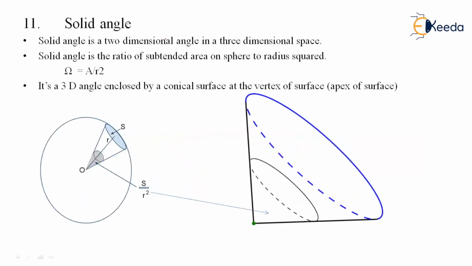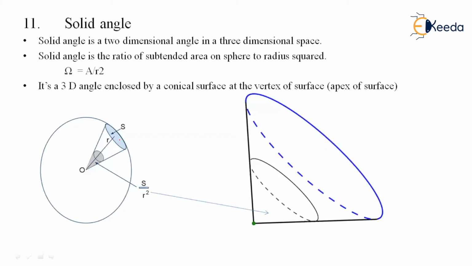Talking about the solid angle, it is a two-dimensional angle in a three-dimensional space. In the earlier slide, we talked about the circle, which is two-dimensional, and now we are talking about a sphere, which is a three-dimensional thing. So the solid angle is the ratio of the subtended area on the sphere to the radius squared.